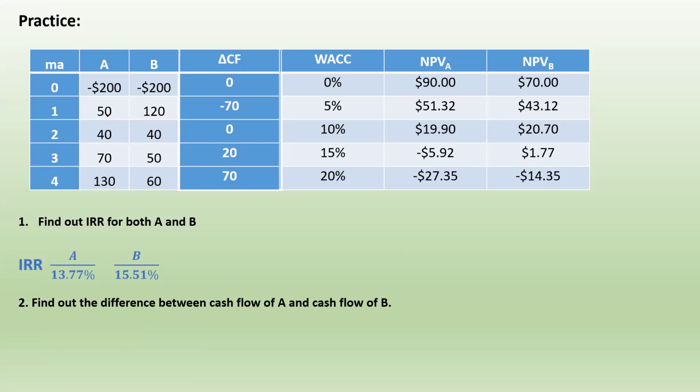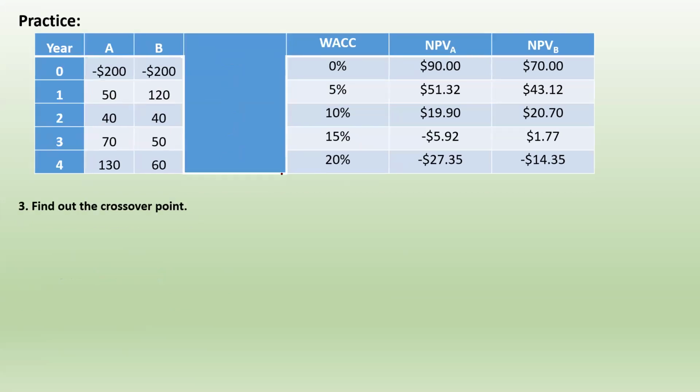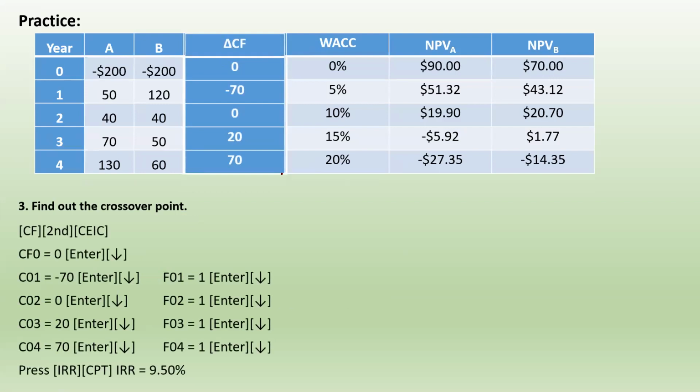For t equal to 1, the difference is $50 minus $120, which is negative $70. T equal to 2 is 0, and then t equal to 3 is 20, t equal to 4 is 70. And then we can find out the crossover point. Using the same procedure, we found that the crossover point is 9.5%.